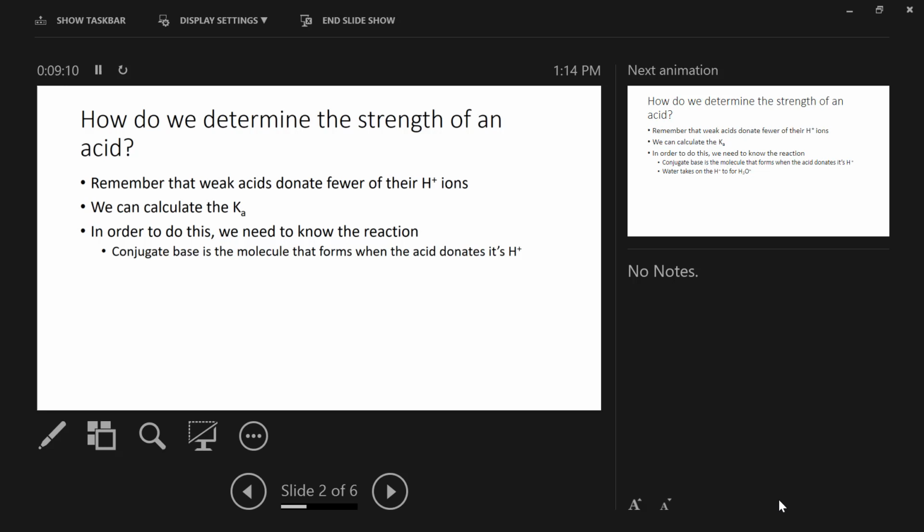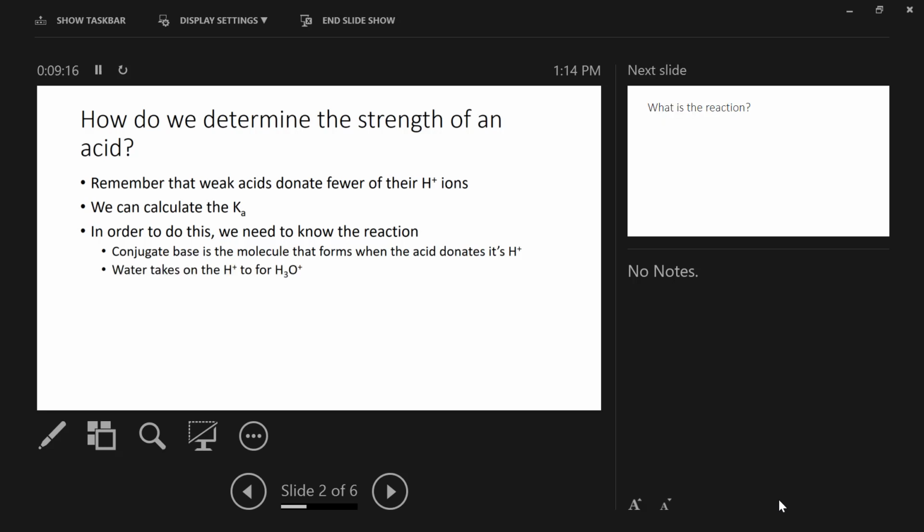So in order to come up with this reaction, we need to know about that conjugate base, and we need to be able to come up with what it is. We also need to know that we're going to put these acids into water, and water is going to take on the extra hydrogen ions. So when this acid donates its hydrogen ion, water absorbs it.